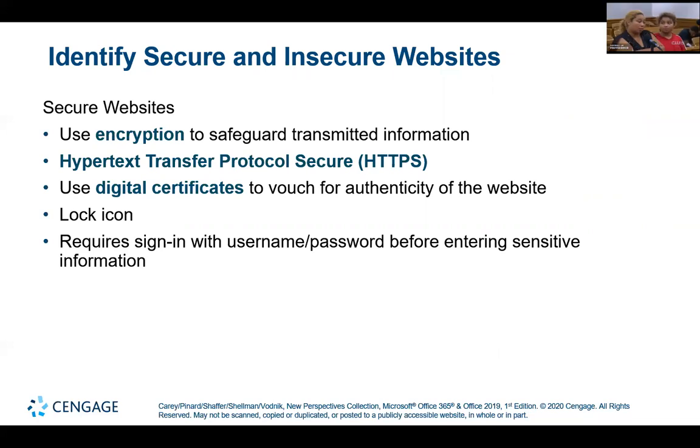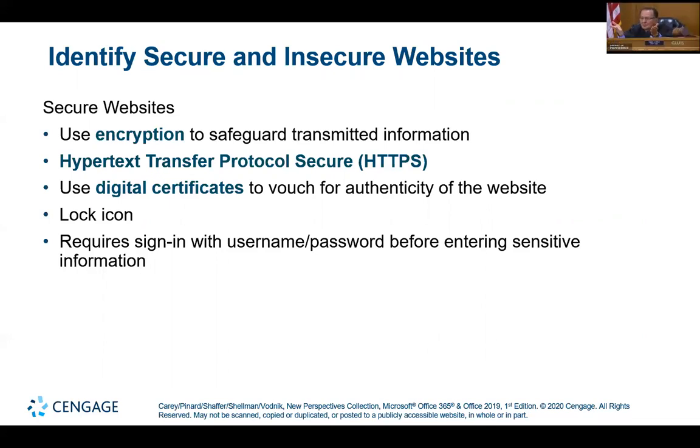Okay, so if we go to a website and it asks us for information like our social security number, or maybe our age, things of that sort, they're typically going to be encrypted. Now, the encryption is set up to safeguard transmitted information.